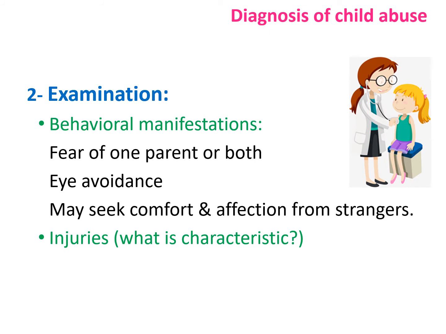Sometimes the child is too frightened to seek help, comfort, and affection from strangers, from the nurse, from the doctor, and he feels frightened of his caregivers. Okay, this is the behavioral manifestation. The injuries: you should take care of the characters of injuries in case of child abuse. You should bear in mind that injuries in child abuse are different types of injuries in different parts of the body, with different ages of healing, and they are multiple actually.